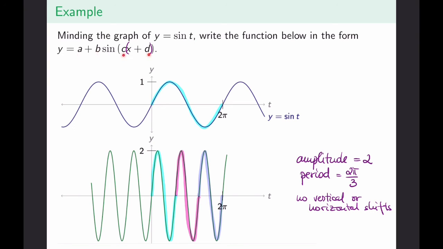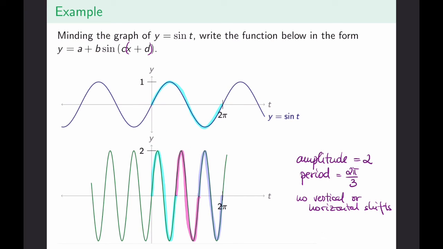I've noticed that C and D did not get affected, but I have an amplitude and I have a horizontal compression to then correspond to my new period.